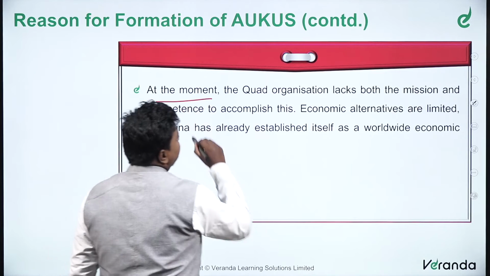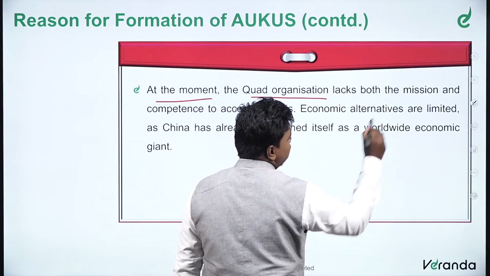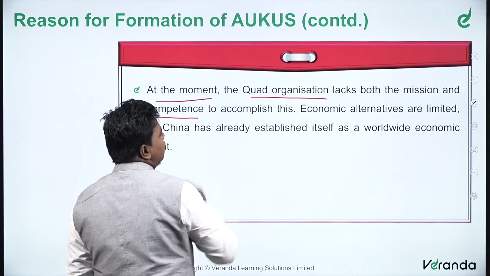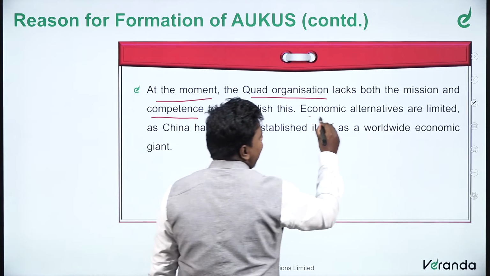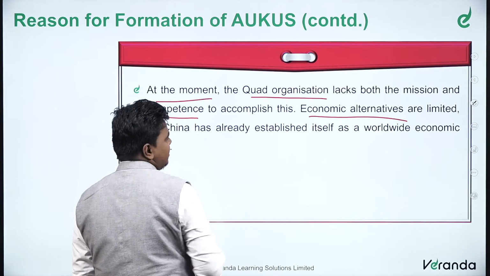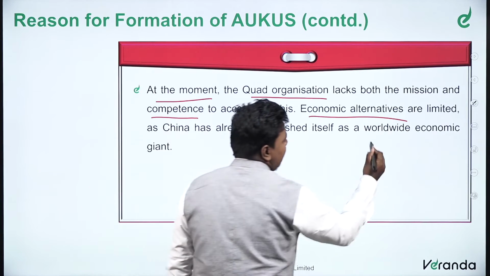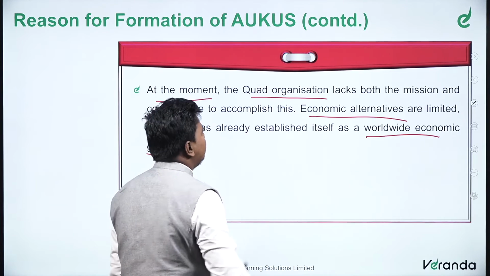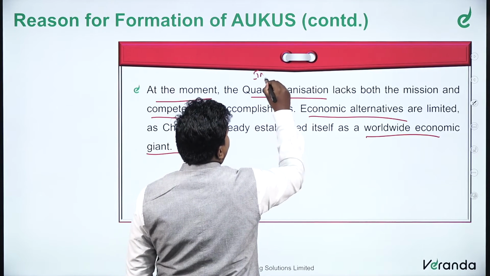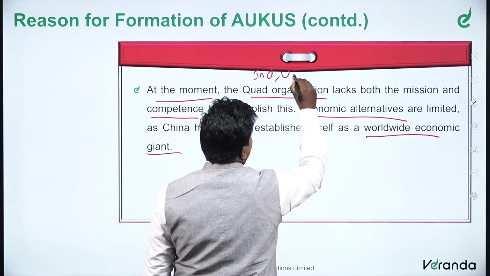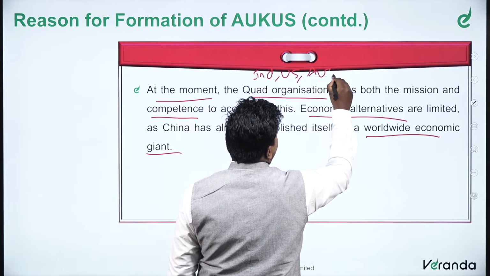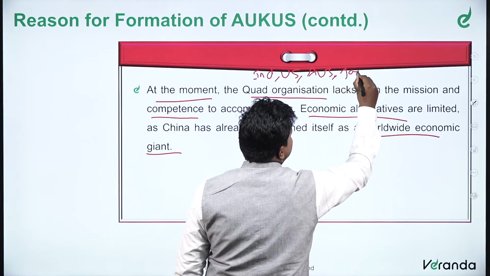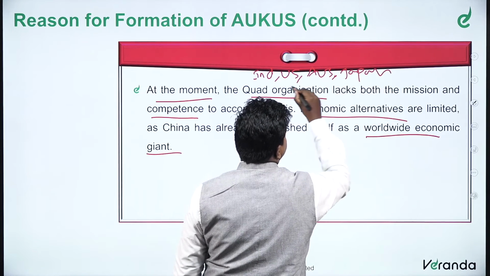At the moment, the Quad organization lacks both the mission and competence to accomplish this. Economic alternatives are limited as China has already established itself as a worldwide economic giant. So what is Quad? It's a grouping of India, US, Australia and Japan. It is seen as a grouping for countering China.